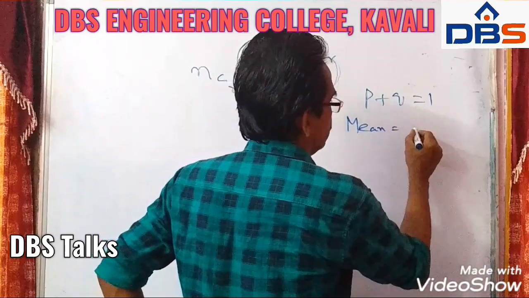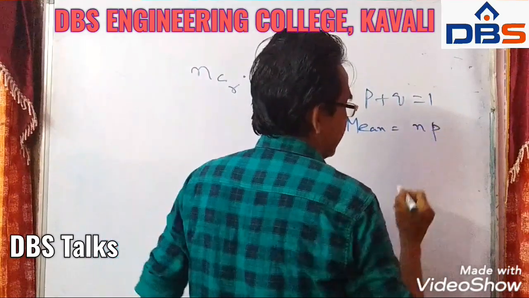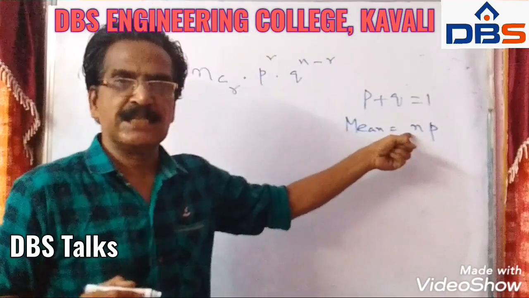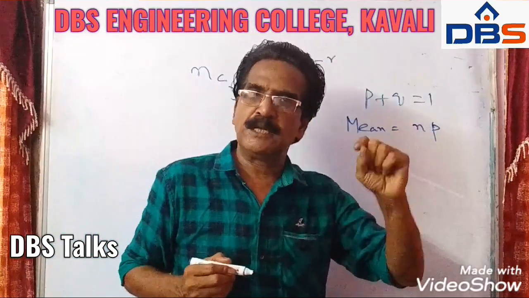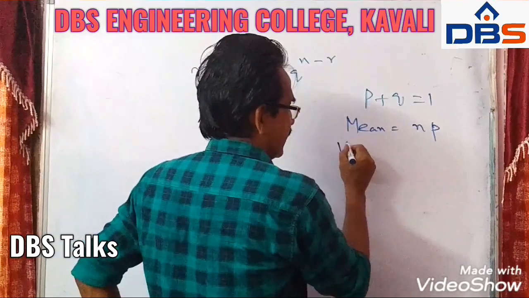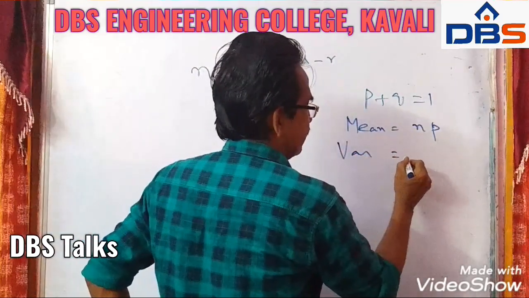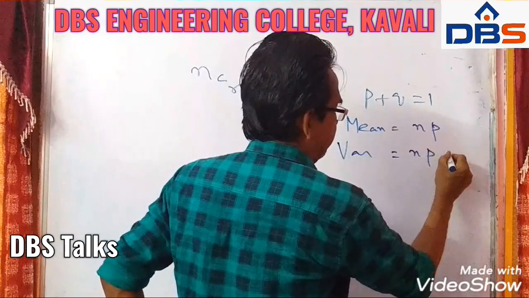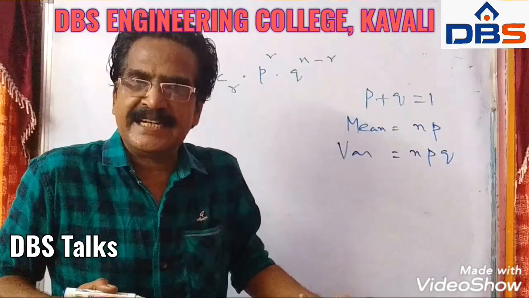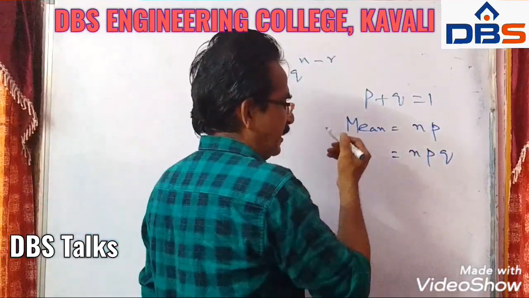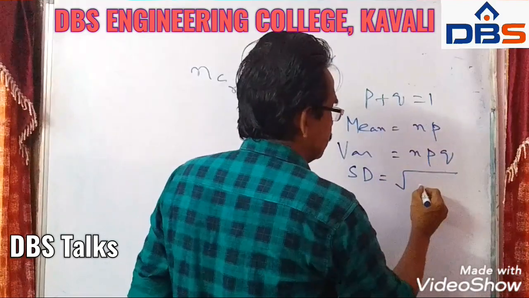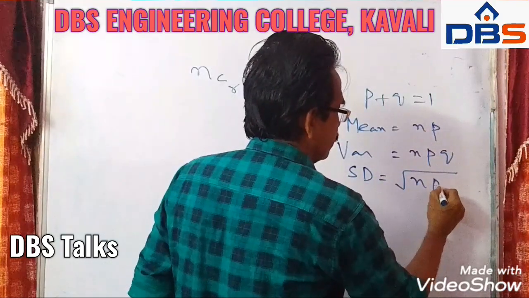Mean of the binomial distribution is equal to np. You know n, number of trials. You know p, probability of getting success. And variance is equal to npq. And standard deviation of the data is equal to root npq.